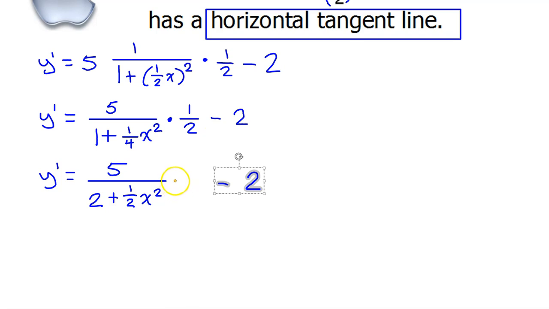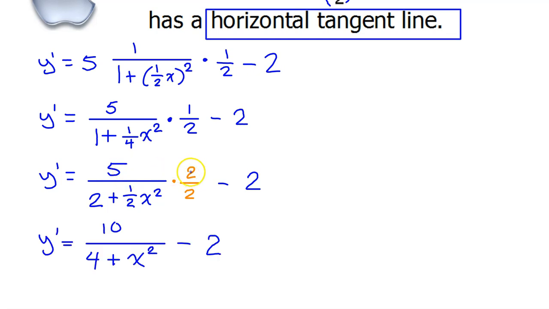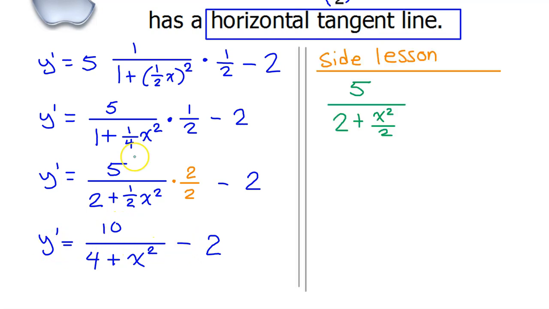So in this case, I'm going to write 1 as 2 over 2. Because if I distribute this 2, 2 times 1/2 is 1. So I will no longer have a fraction inside of a fraction. The 2 from the numerator multiplies by the 5 and makes 10. So now we have this.